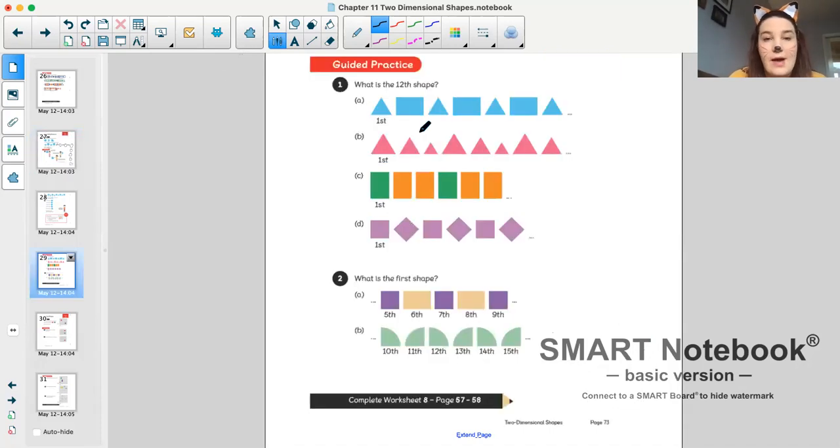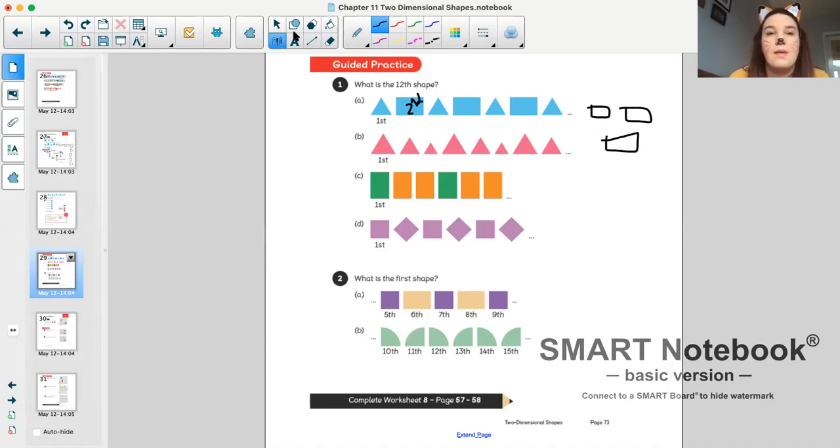Okay, so now we're here on the 12th shape. So we've got triangle, square, triangle, square, triangle, square. And it carries on, doesn't it? So look, we've got our second shape there. And because it's our 12s, we can actually count in our 2s again, can't we? So 2, 4, 6, and then it'd be 8, 10, 12.